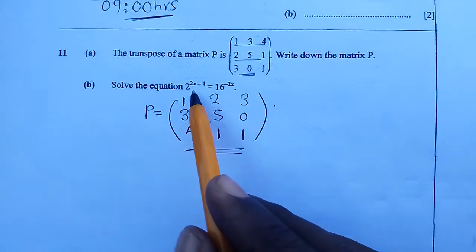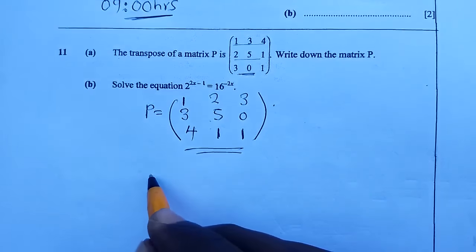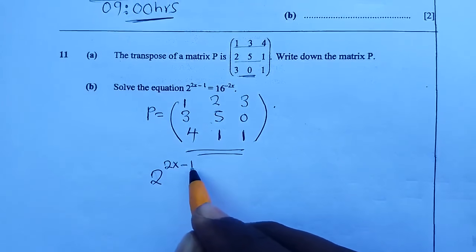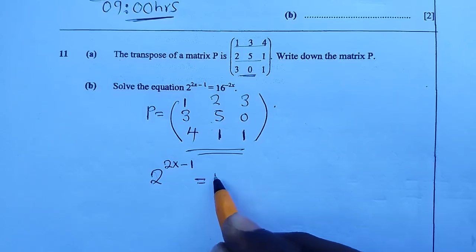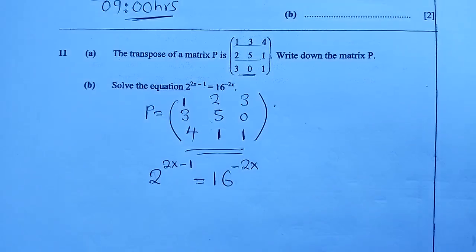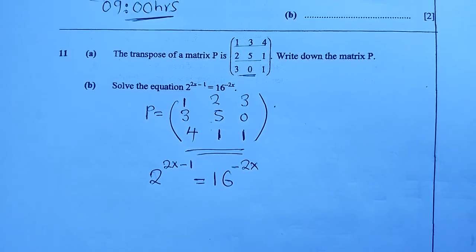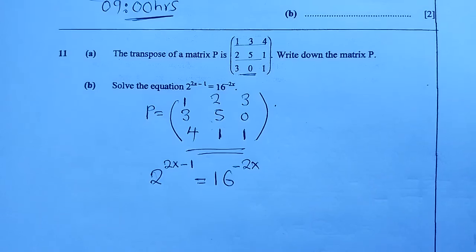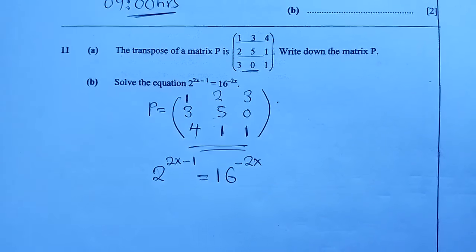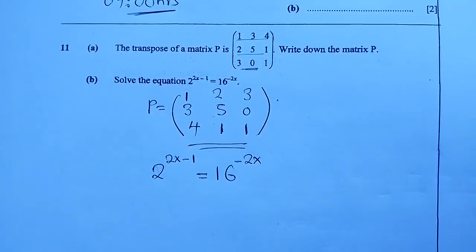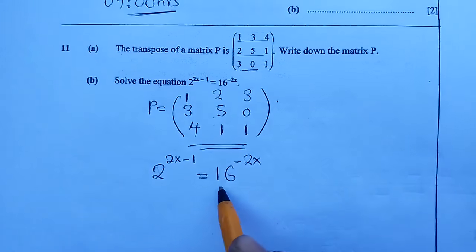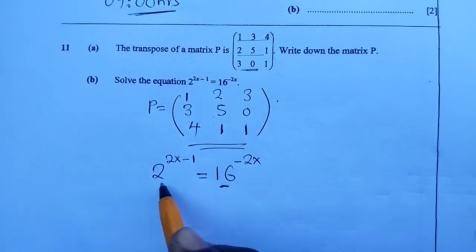Then I move to this other one. In this question I'm told to solve the equation 2 to the power 2x minus 1 is equal to 16 to the power negative 2x. This is what I'm given. So how can I solve this equation? This is very simple. I put this in base 2 so that the powers can equate.